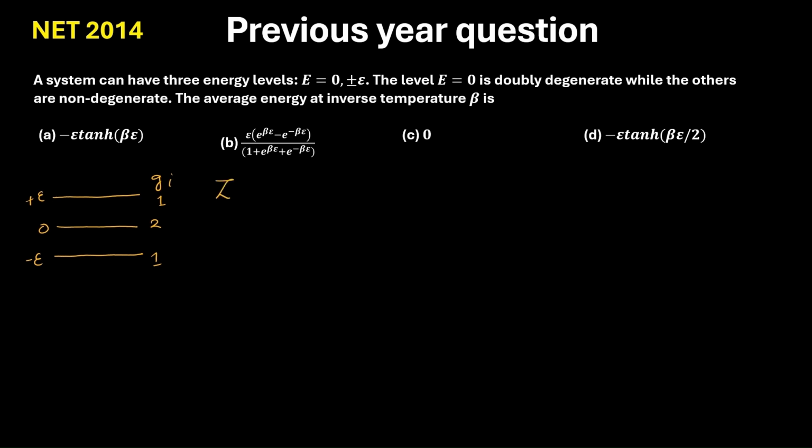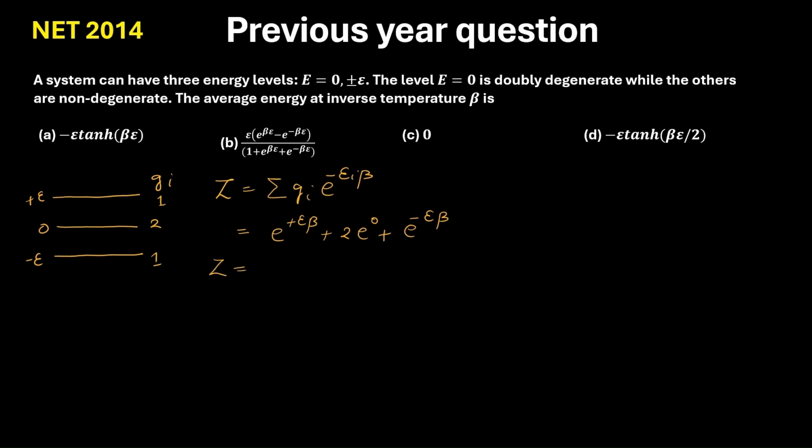Now we can write the partition function. The partition function is the summation of g_i e to the power minus epsilon_i beta. So e to the power plus epsilon beta plus 2 e to the power 0 plus e to the power minus epsilon beta.